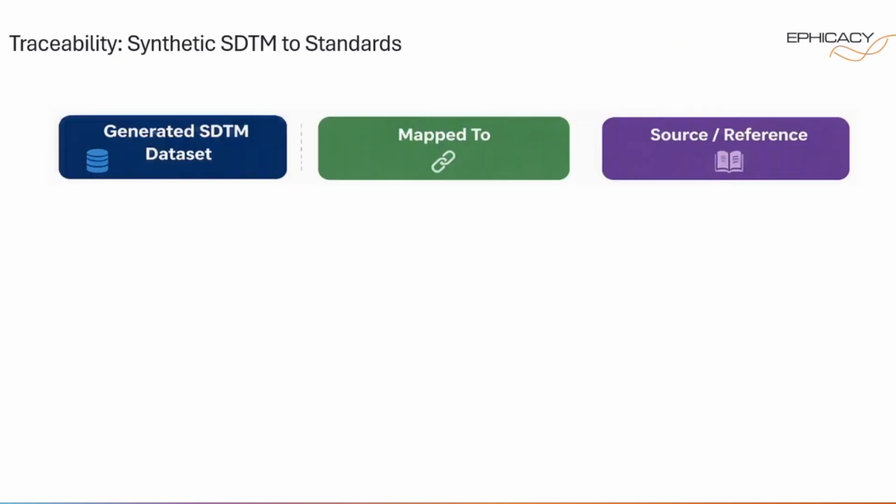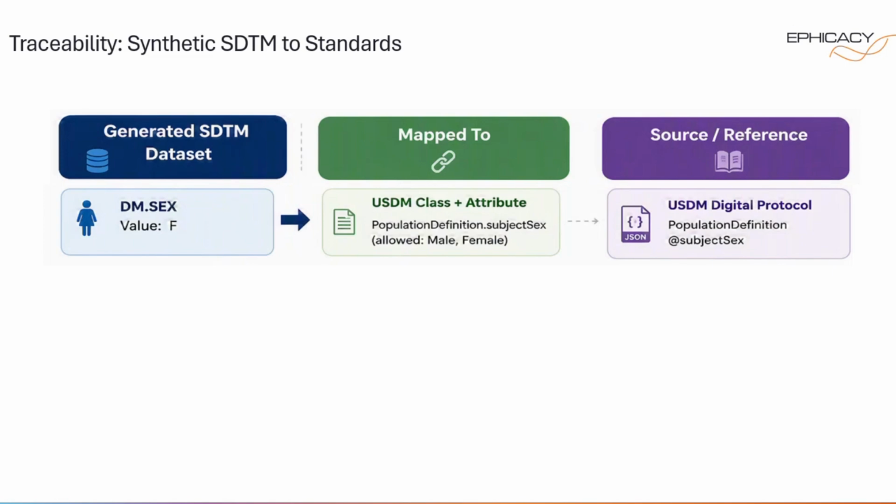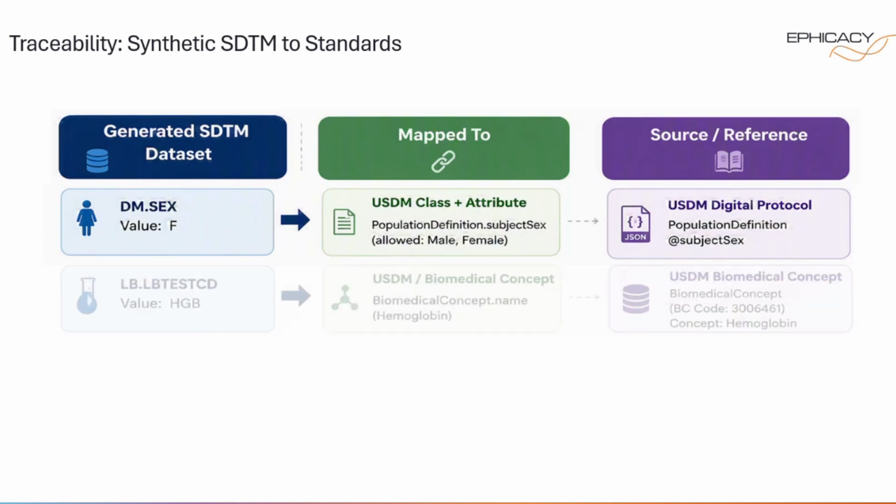Traceability is a central part of the solution. Each generated SDTM variable is linked back to a source or rule. Here are a few examples. The values of the gender variable, sex, in the demographics dataset are mapped to the values corresponding to the USDM population definition class and subject sex attribute.